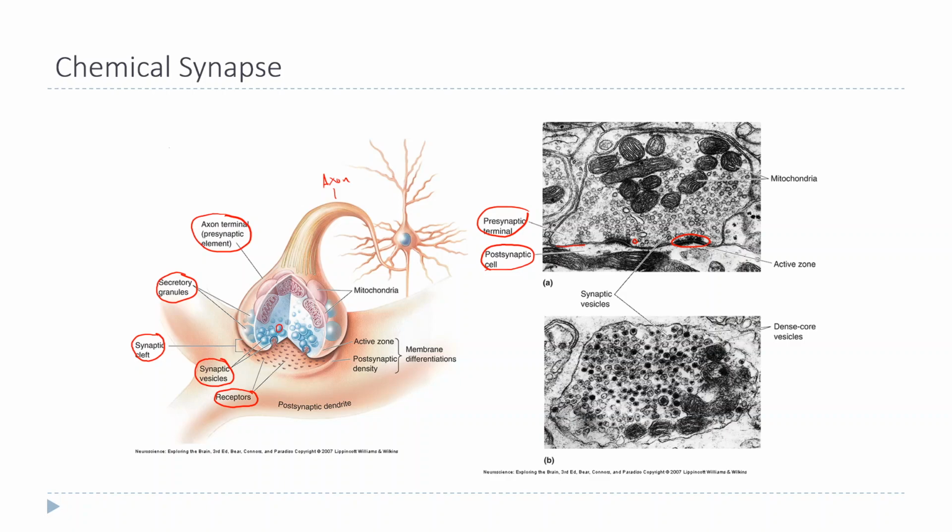Again, there's two kinds of vesicles. The little ones that in these pictures look almost hollow are called just synaptic vesicles usually. And then the bigger ones that also are very densely stained or pigmented are called dense core vesicles, or sometimes they're called secretory granules. But they're different in that they contain mostly what are called neuropeptides.